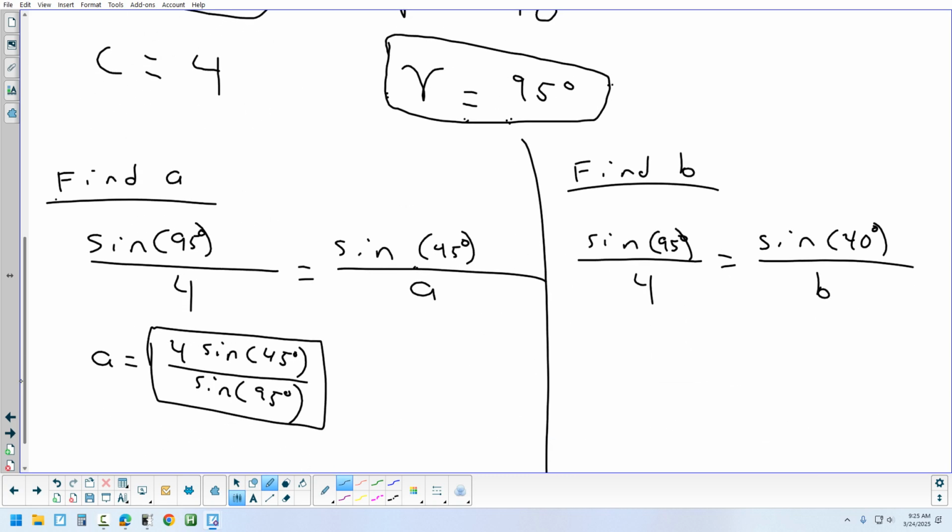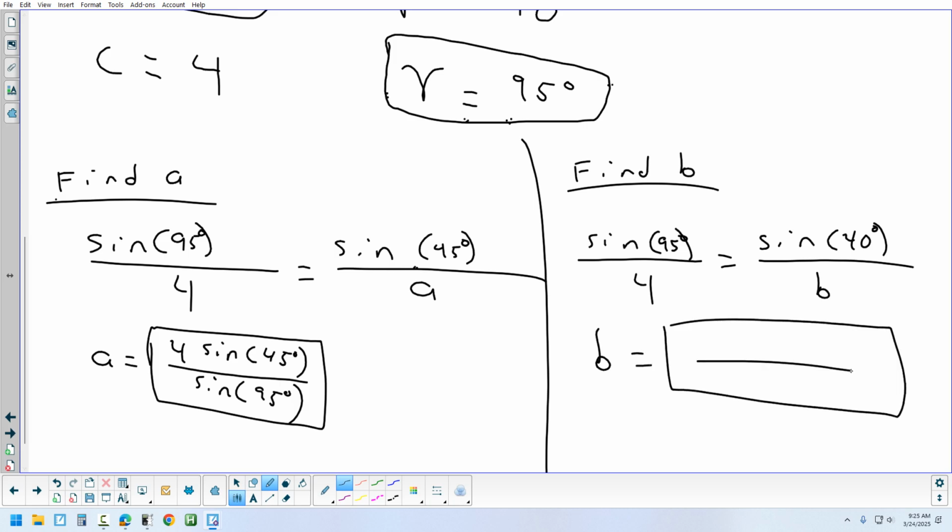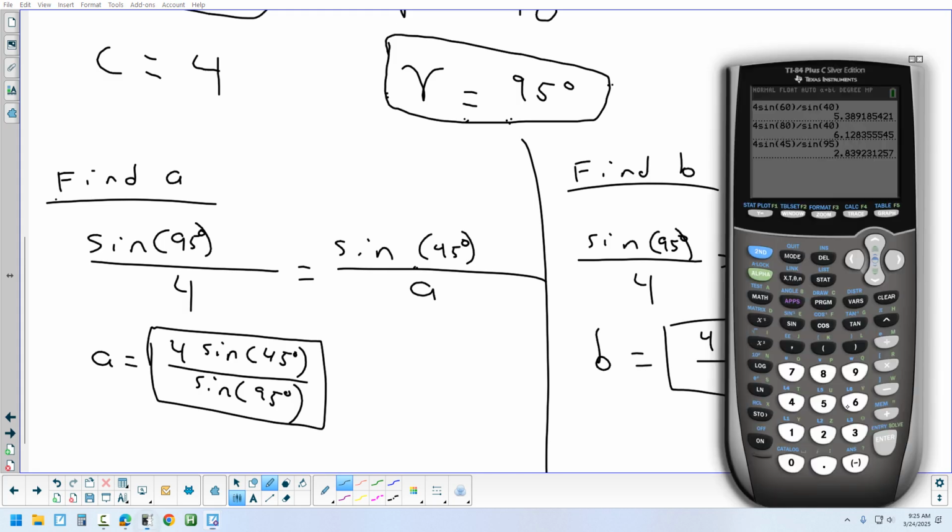Okay, so now let's cross multiply. And can someone else tell me what's going to go in that box when I cross multiply? Christian? 4 sine 40 over sine 95. Yep. 4 sine 40 over sine 95.